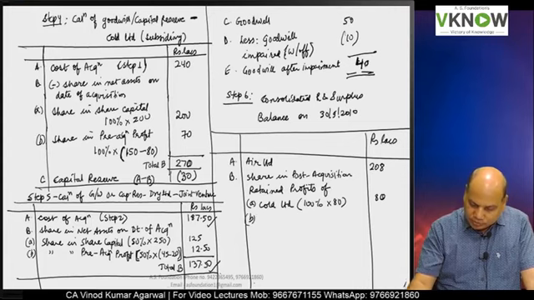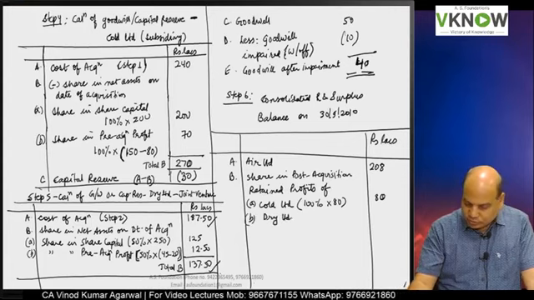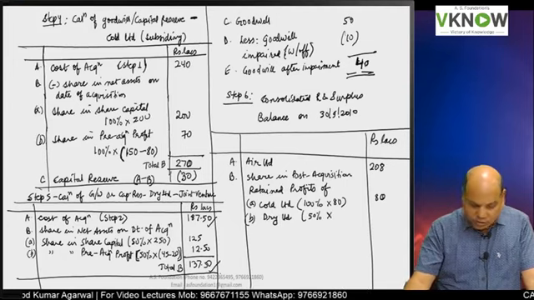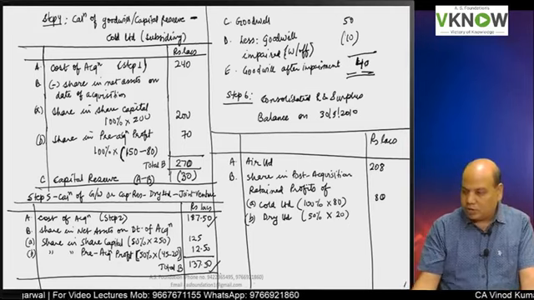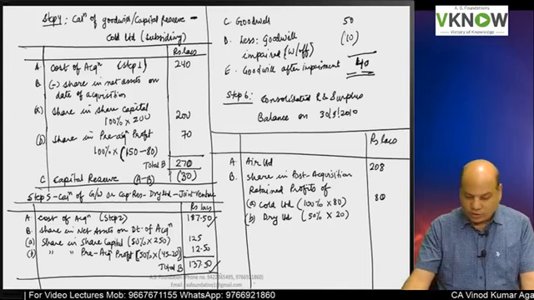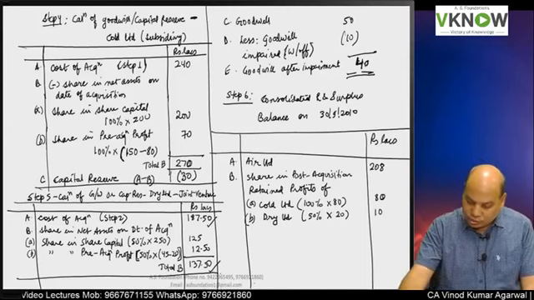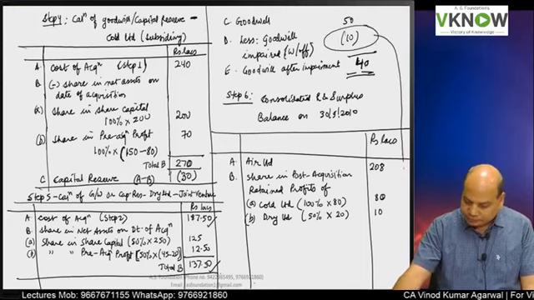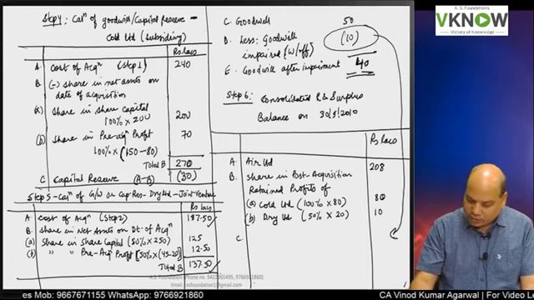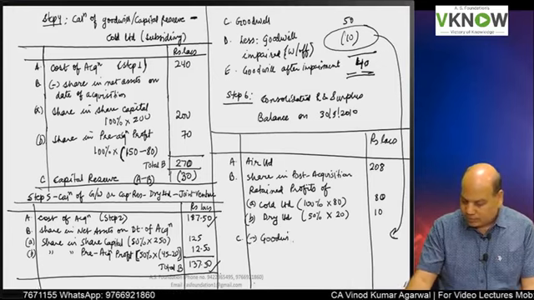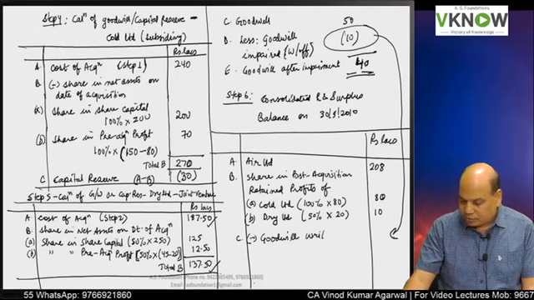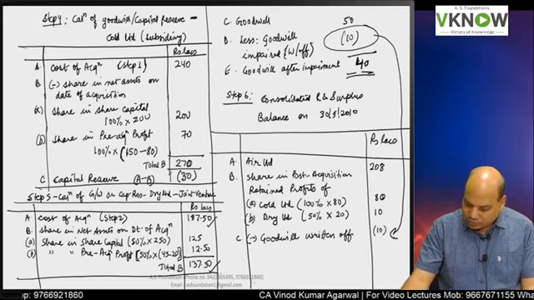Point number B, write down Dry Limited. In Dry Limited we are holding 50% and current year profit of Dry in question is 20 lakh, so that is 10 lakh. And this goodwill 10 we have written off, so that will have a second effect here in step 6, less goodwill written off. Goodwill written off will reduce the consolidated retained earning by 10.